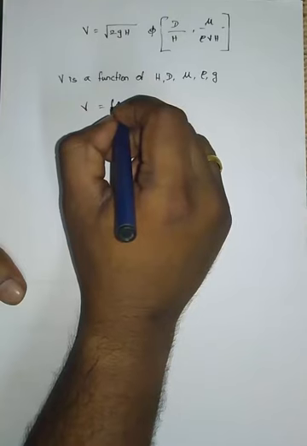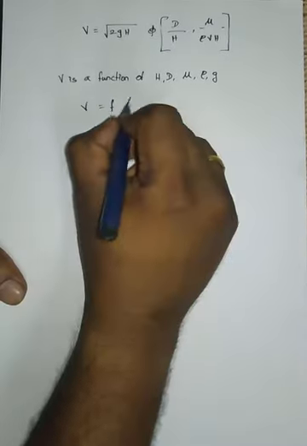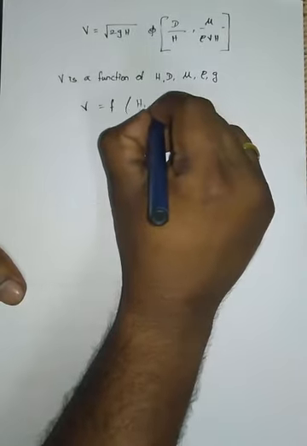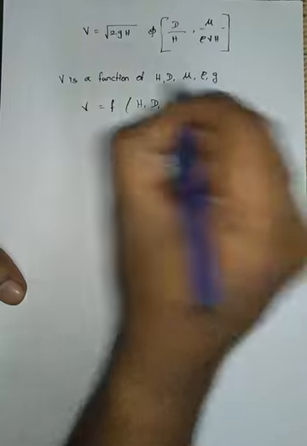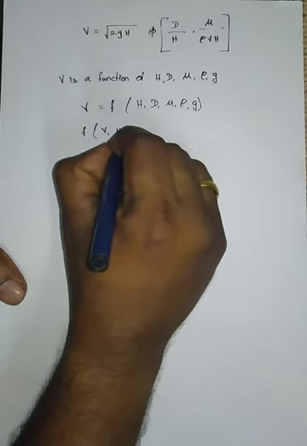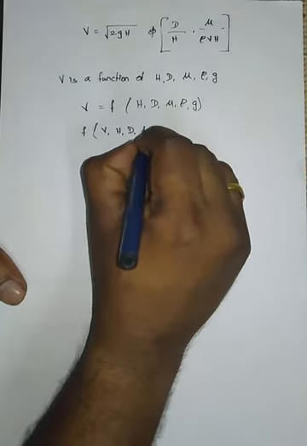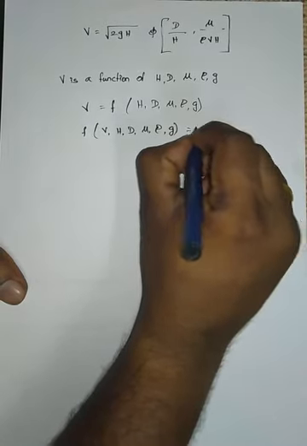In the first step you have to write the mathematical equation, that is the velocity is a function of head value, diameter, mu, rho and g. In the second step, the function of velocity, head value, diameter, viscosity, density, gravity equal to 0.